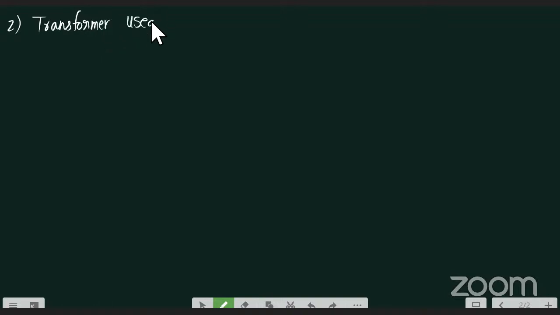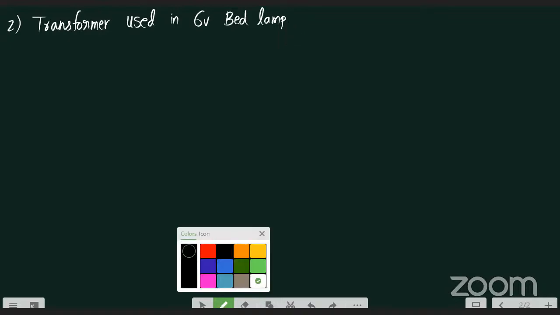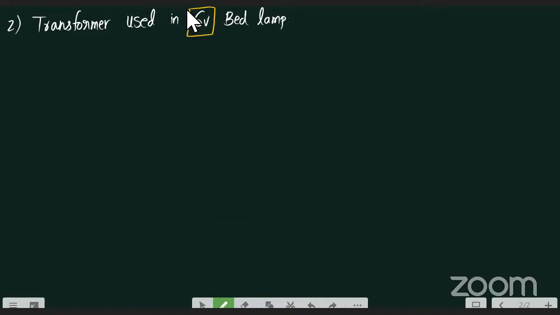You might have seen in your bedroom, there is a small light. That light is called a bed lamp. What is the voltage of this bed lamp? The voltage given is 6 volts. What will be the voltage for the tube light? It will be around 220 volts coming from our power supply, so it takes a good amount of voltage.